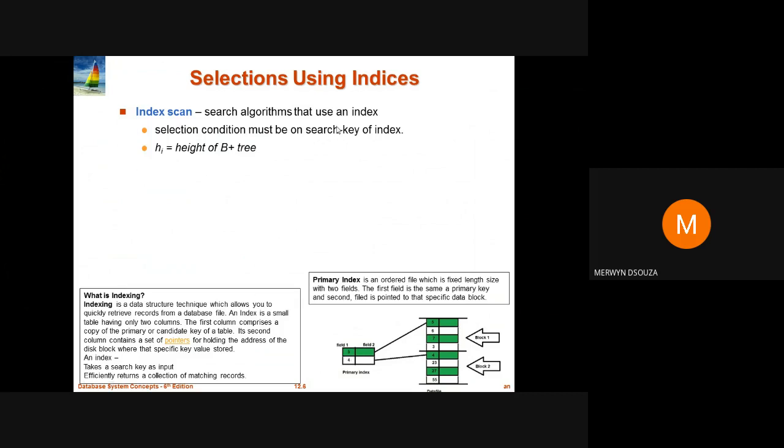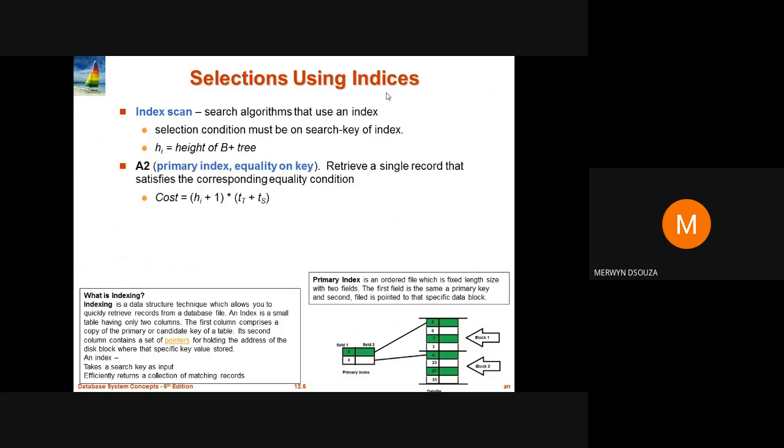So let's continue and see how to do selections using indices. When we talk of selections, we are talking about selections of the query that we use, for example when we are using select in SQL. The algorithm that we can use for selection using indices is the primary index, with an equality condition on the key.